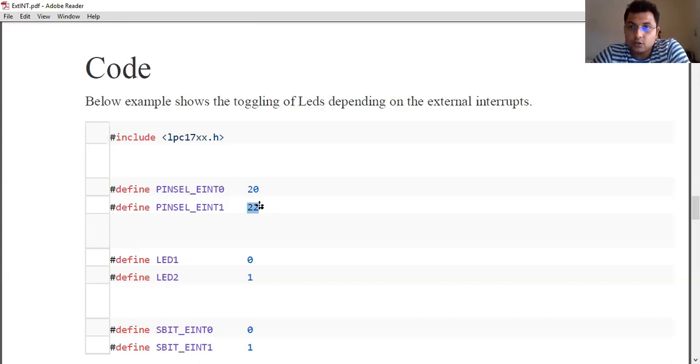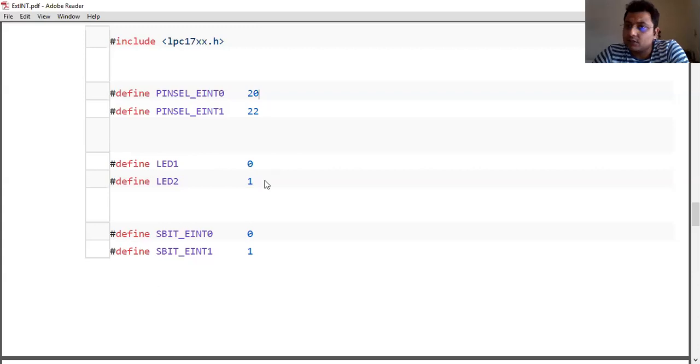When we use those interrupts, we first have to configure those two pins as external interrupt pins. To configure them, bit position 20 of the pin select third register should be 1, because it is 0 1 0 1. So for that purpose 20 and 22.